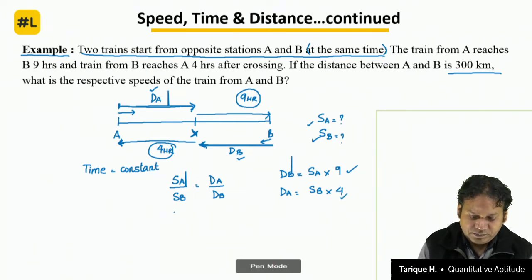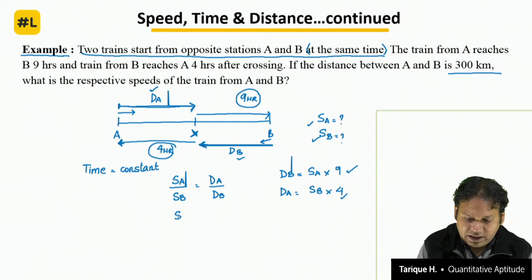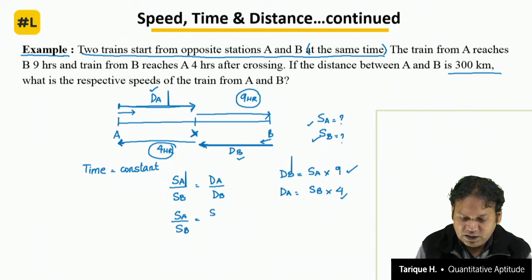So I can say that SA by SB is equal to dA by dB, where dA is SB into 4 and dB is SA into 9.